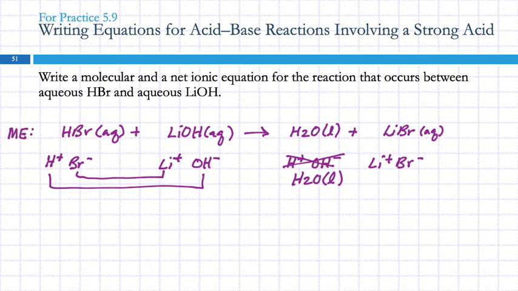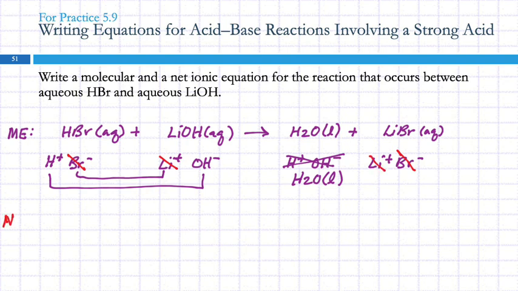So then we can look at this and say, well, what things are not changing? Well, did anything happen to bromide? No, it's still aqueous. So bromide didn't get involved. What about lithium? Lithium didn't get involved either.